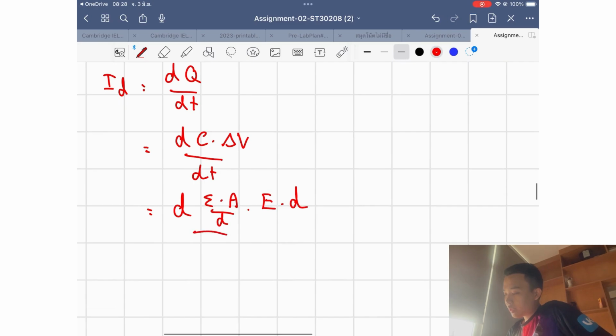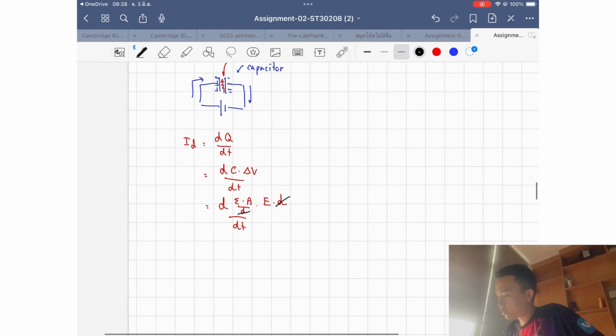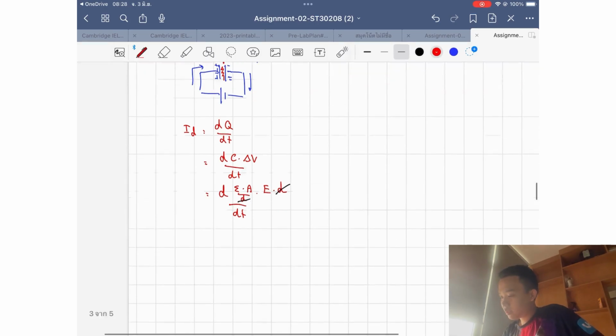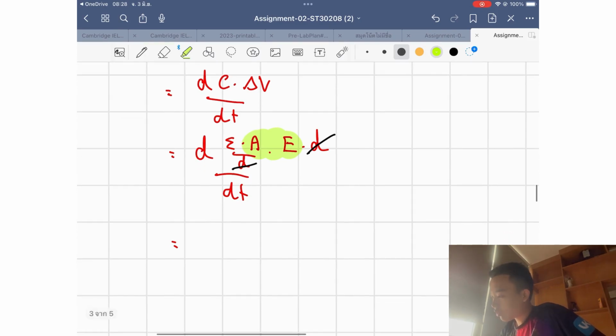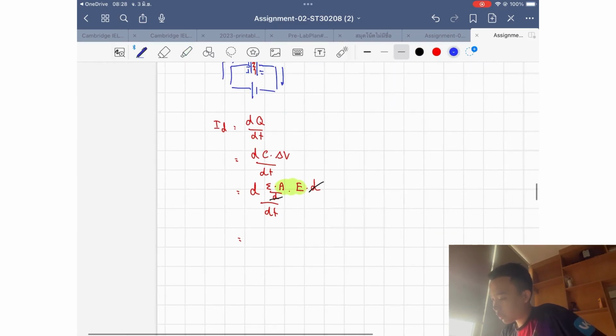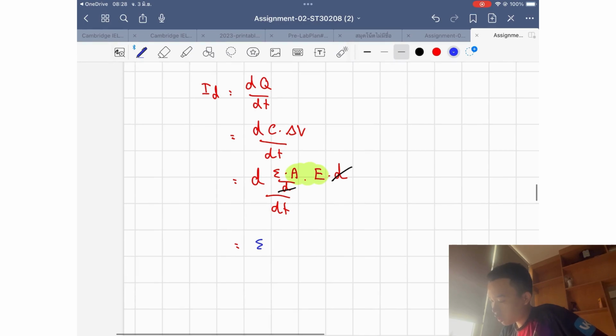So you can see that the distance cancels, and as you know, the electric field times the area is the electric flux, right? So now we have the final equation of the displacement current, which is epsilon times the change of the electric flux over time.